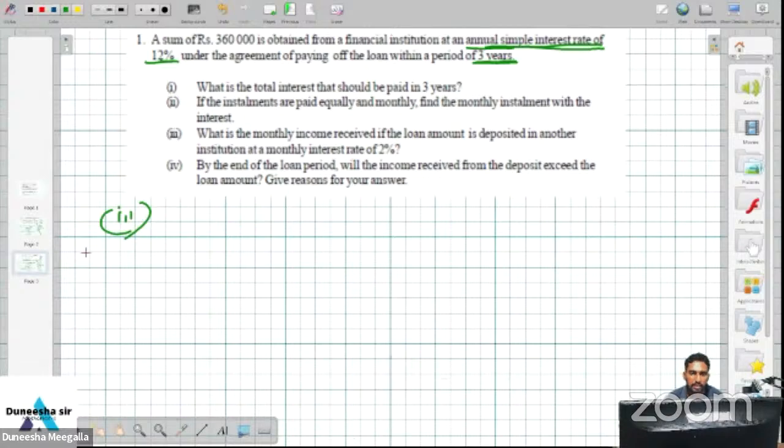What is the monthly income received if the loan amount is deposited in another institution at a monthly interest rate of 2%? Monthly interest again.